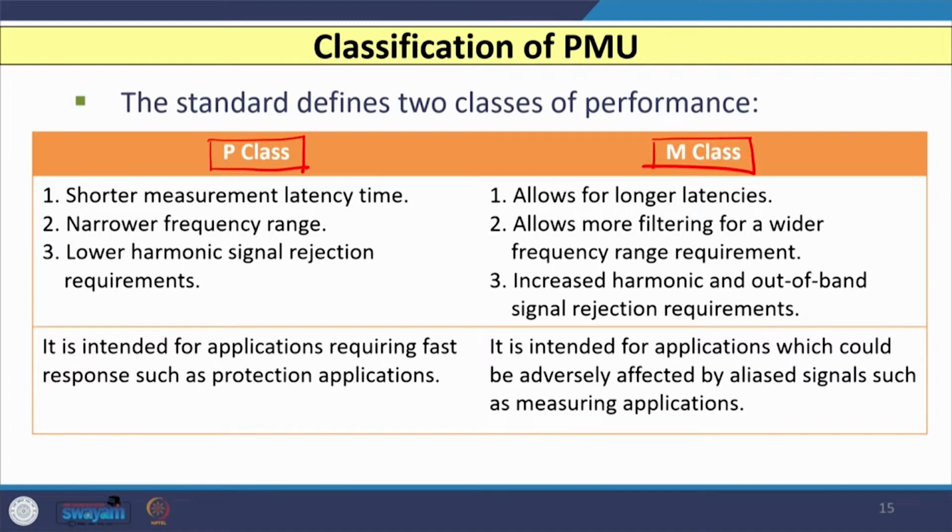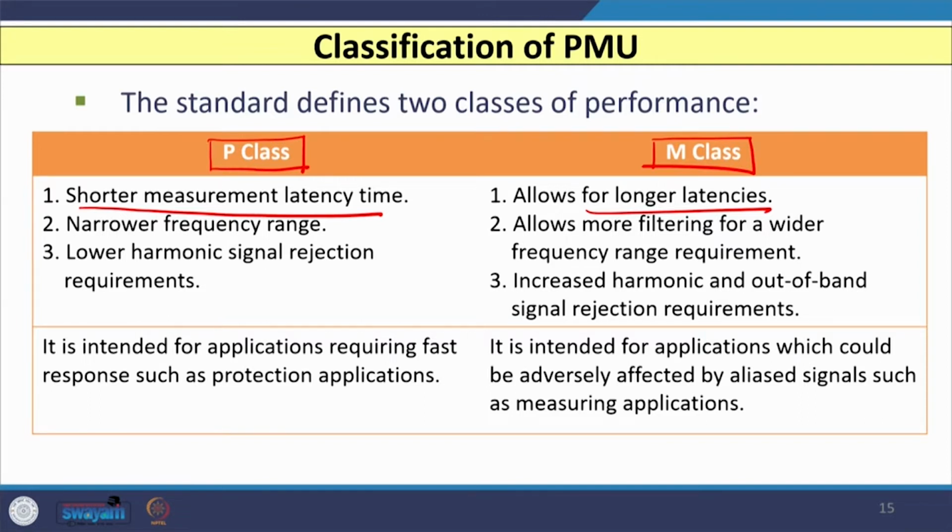So, let us see what is the difference between the P class and M class PMU. In the P class PMU, the measurement latency time is shorter compared to the M class PMU, where longer latencies are observed, whereas here shorter latencies are observed.